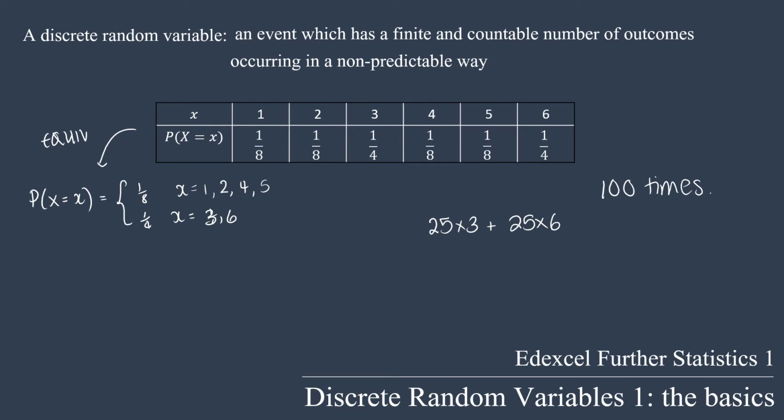Given that all the other probabilities are half of that, we would expect, I mean, this isn't right, is it? We can't have 12.5 1s, but we can mathematically, if you will, and certainly in terms of an average, and 12.5 2s, and the same with 4 and 5, of course.